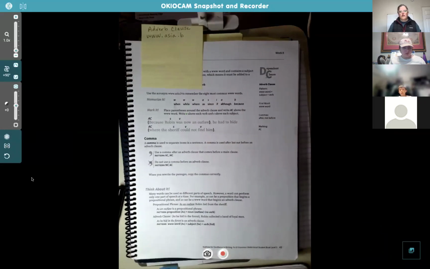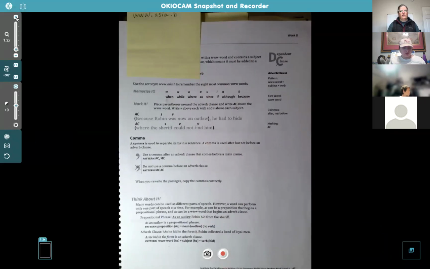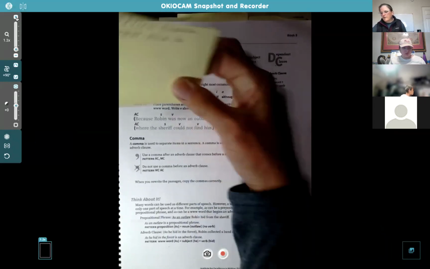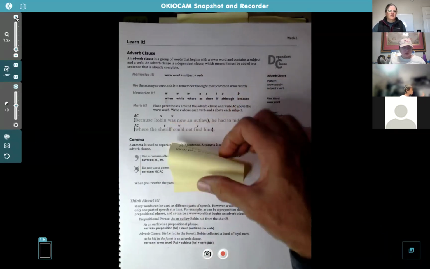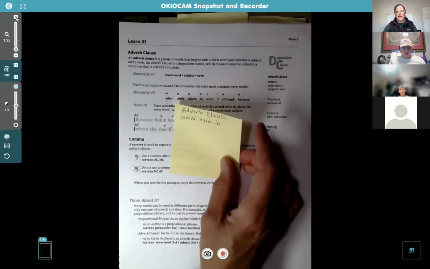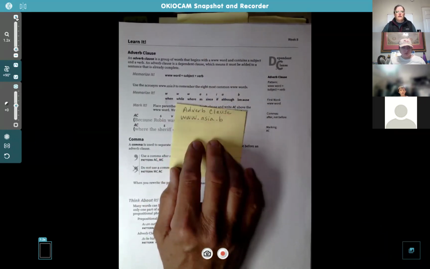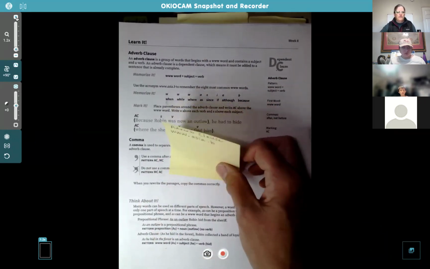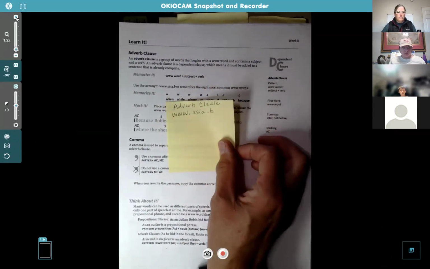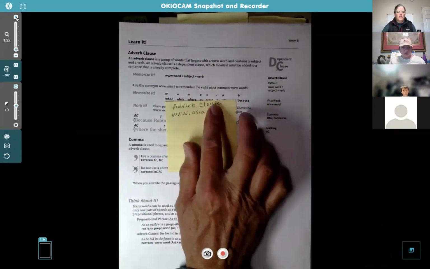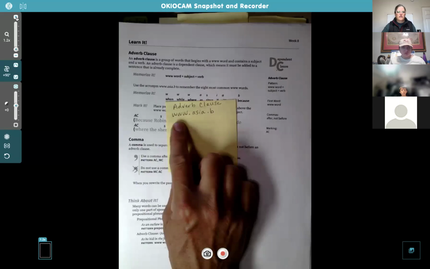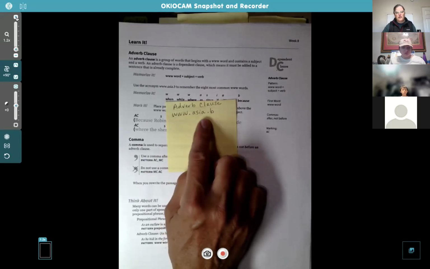Okay. And you do need a post-it today if you still don't know how to identify those adverb clauses. That's why I made this. Some students in my other class are new to this. You guys might already know these words, but if you have a post-it nearby, I recommend marking this page, adverb clause, and then the actual clause itself, or the word, the www.asia.